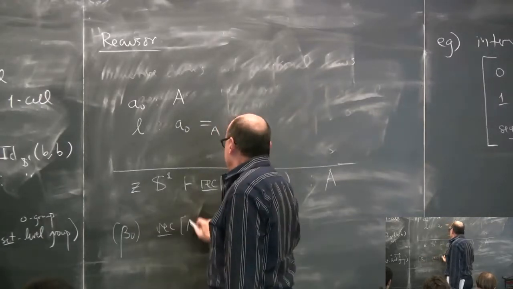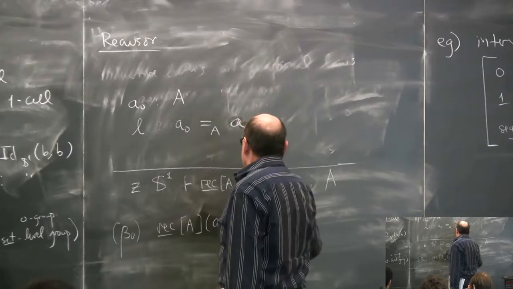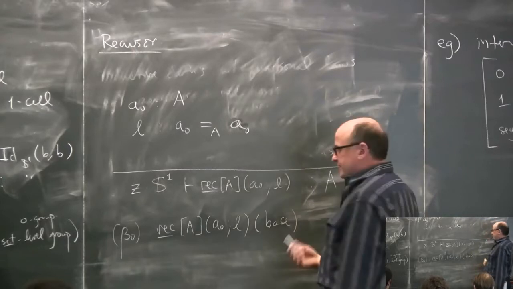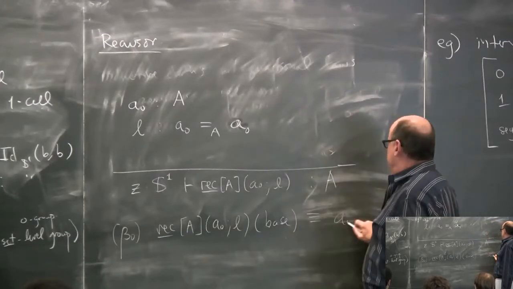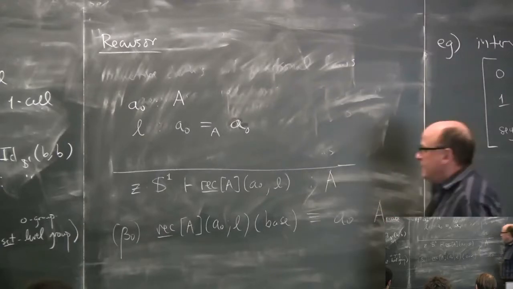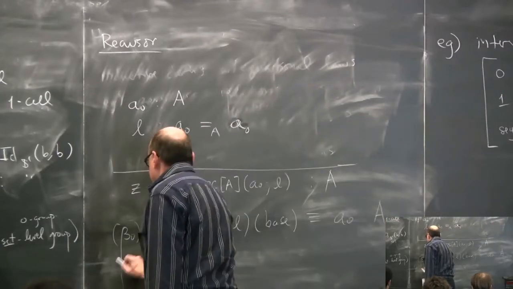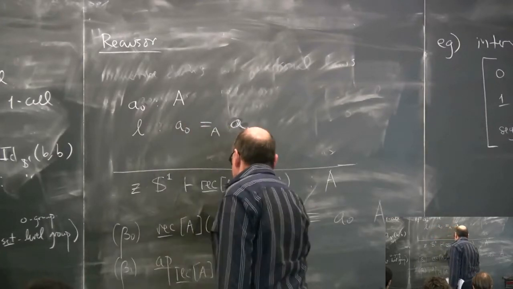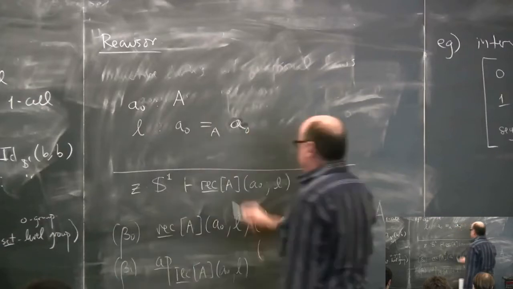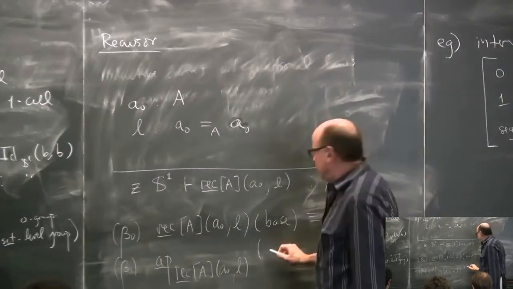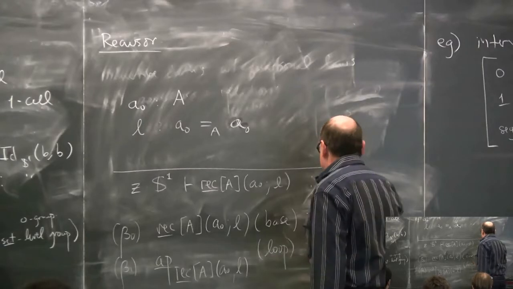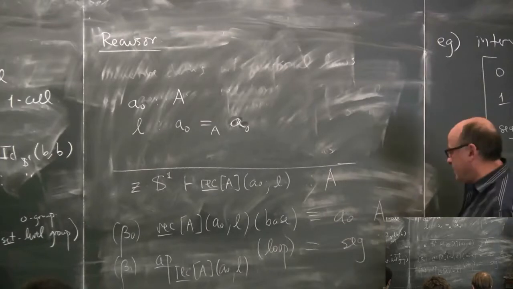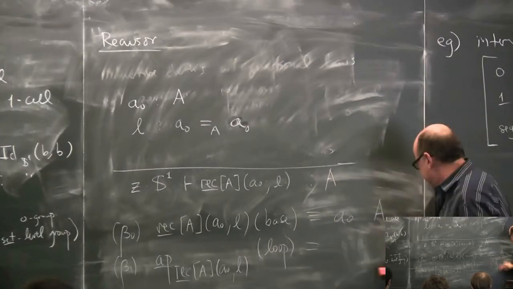If you take this, A0 and L, and you run that on the base point of the initial one, then that should be A0, and that of course is in A. And then the second says if I apply this recursor to the path, to the loop, then that should be L. What am I doing?